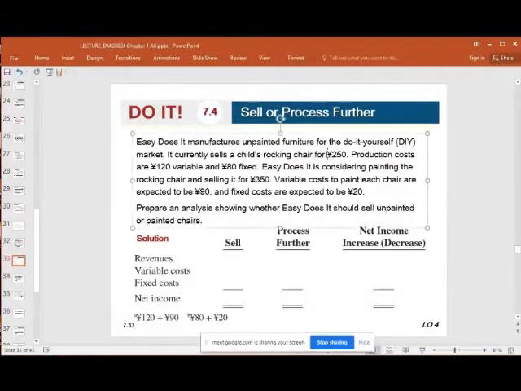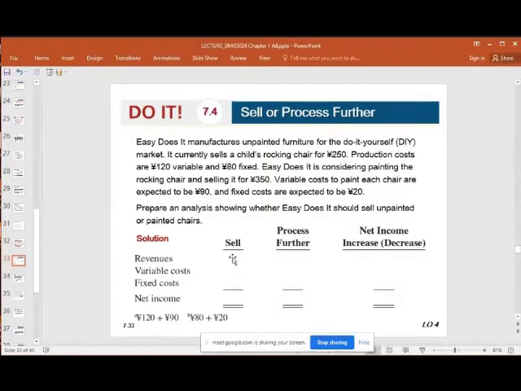So unfinished 250, finished 350. The variable cost to paint each chair is expected to be 90, and the fixed cost is expected to be 20. Prepare an analysis to show whether Easy Does It should sell unpainted or painted chairs.